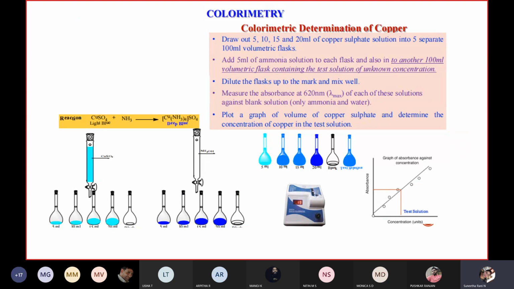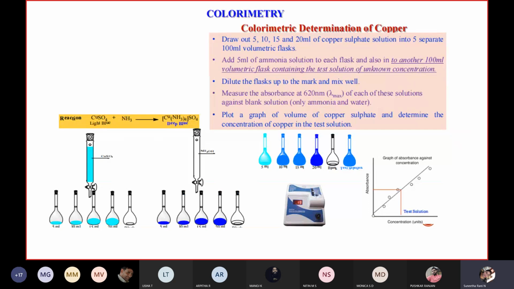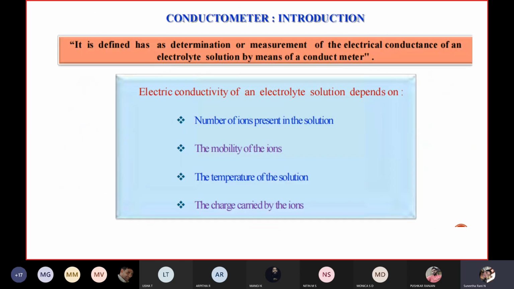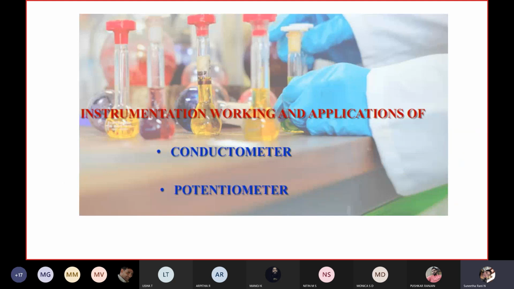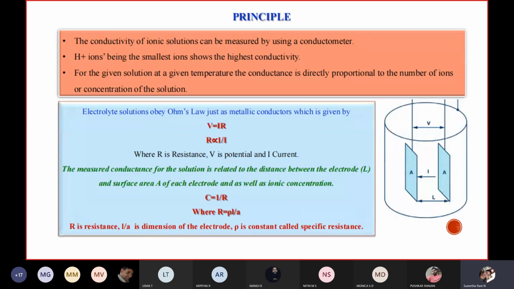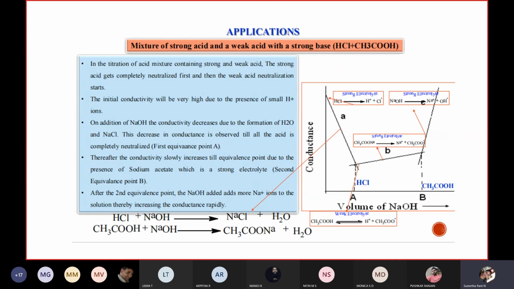Analyzing the compounds using instruments. We started with the colorimeter, determination of copper using the colorimeter, and the conductometer, determination of conductance of ions. The colorimeter works on the principle of Beer's law and Lambert's law, and the conductometer is based on Ohm's law.